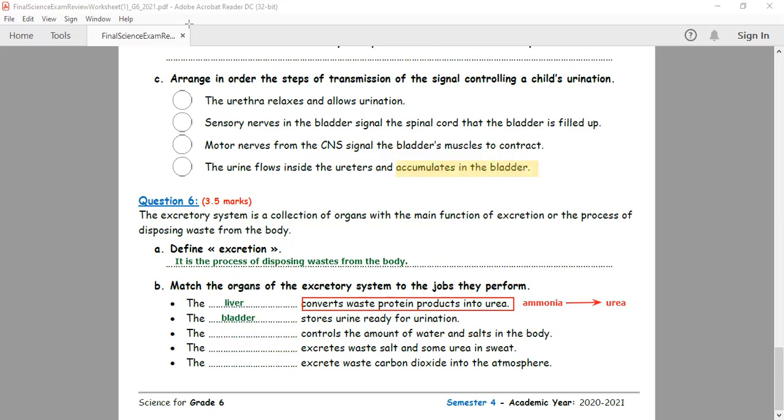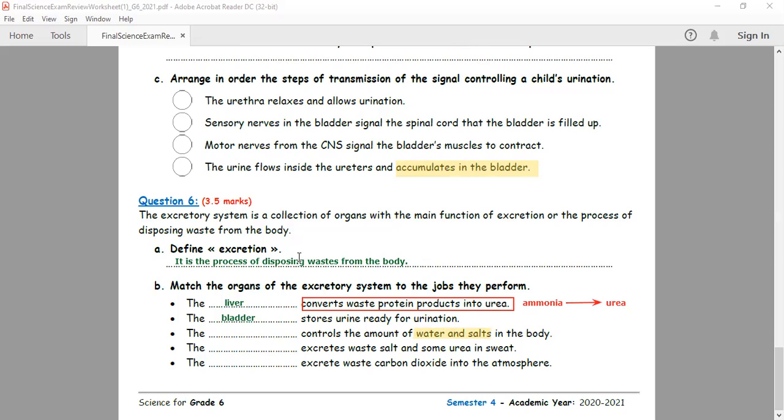What controls the amount of water and salts in the body? It collects water, it collects salts, and removes them. We're talking about an organ. Yes, we get rid of them in the urine. So the water and the extra salt go with the urine.